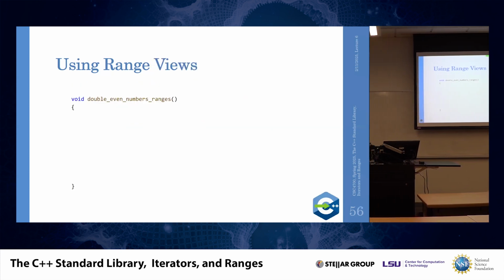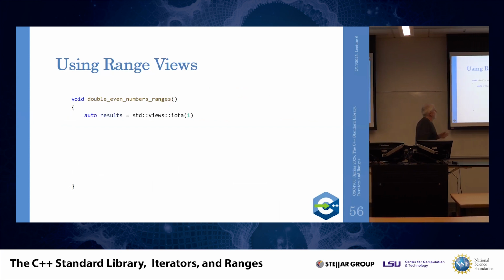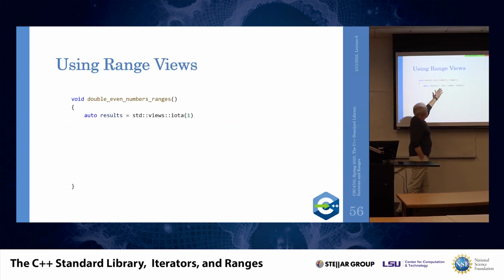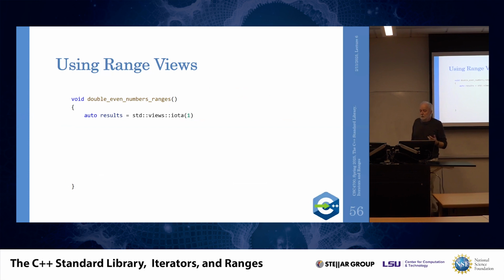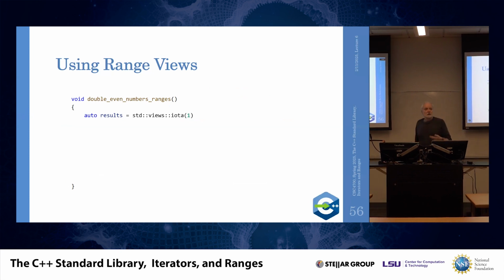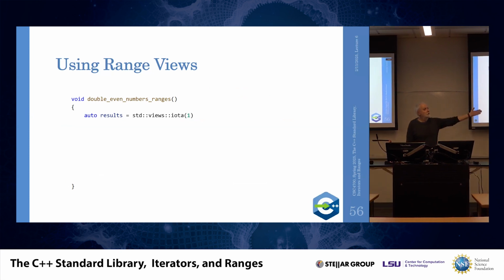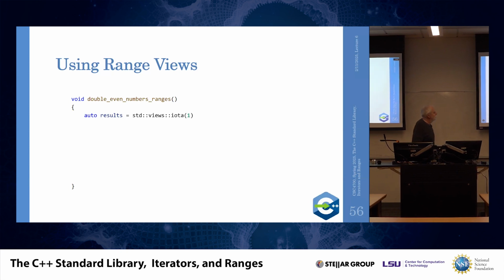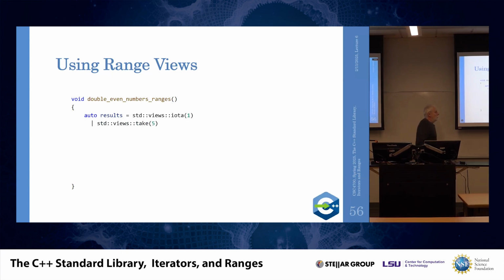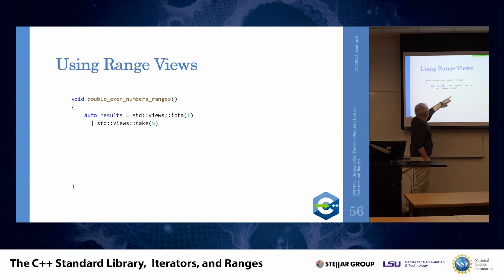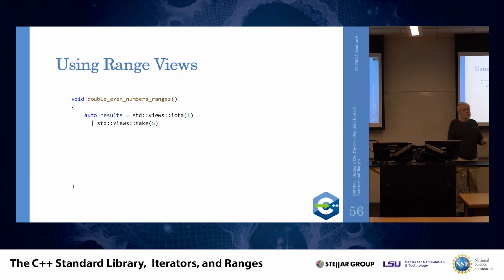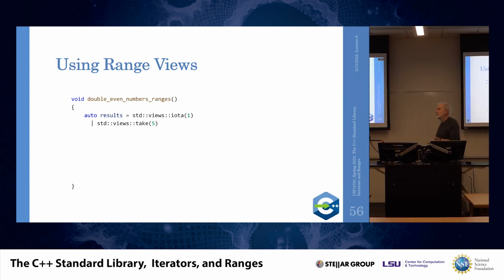So how does that look like with ranges, with views? We start off with a view which is called iota, initialized from 1, which means please produce a sequence of integers starting at 1. As long as you're being used, as many integers you will produce. Now pipe whatever it produces into a special view that will produce 5 results only.